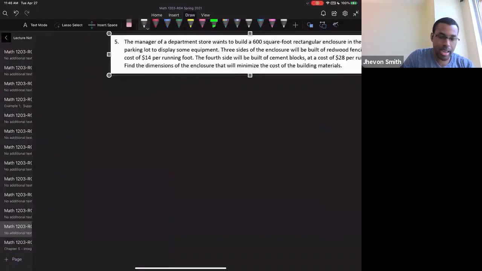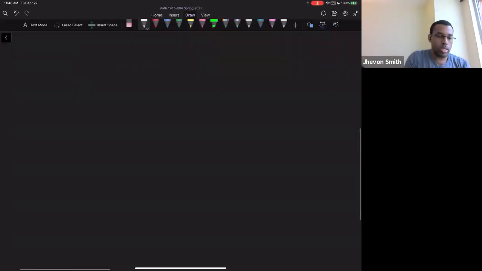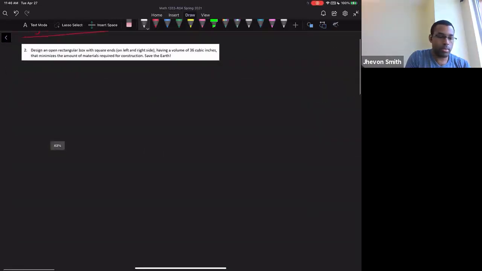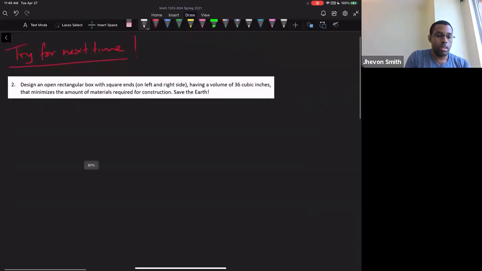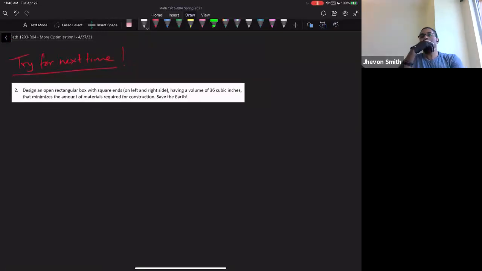In terms of timing, for optimization, anywhere from 5 to 10 minutes is how much you should be spending, maybe an average of 8. Like I said, curve sketching, you probably spend like 15 minutes on that. Related rates is probably another 5 to 10. And exponential growth and decay, I would expect 5 minutes or less.